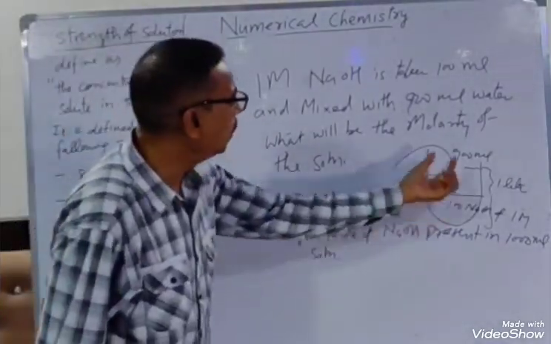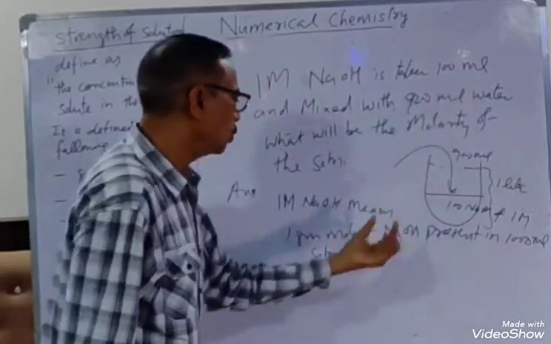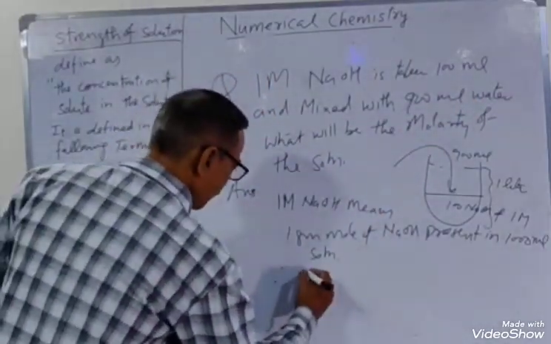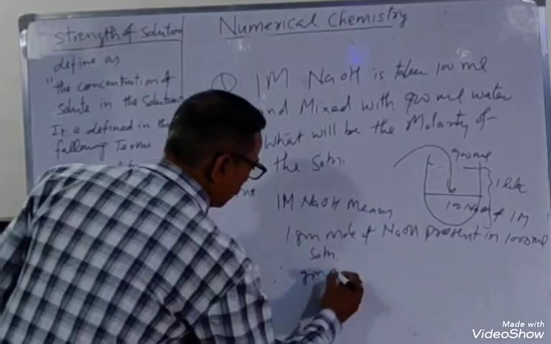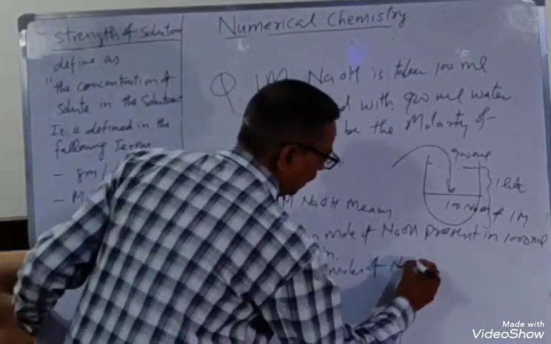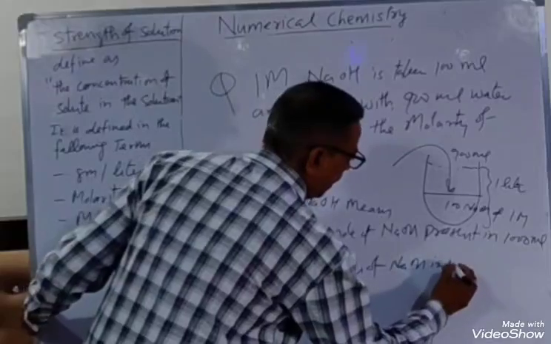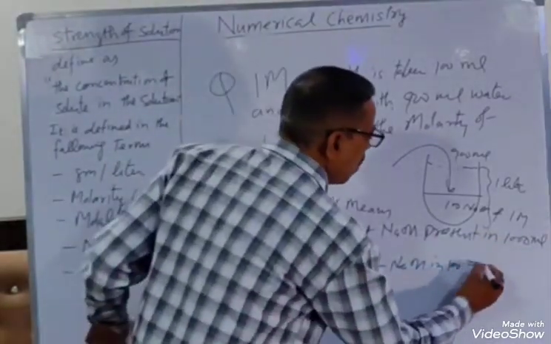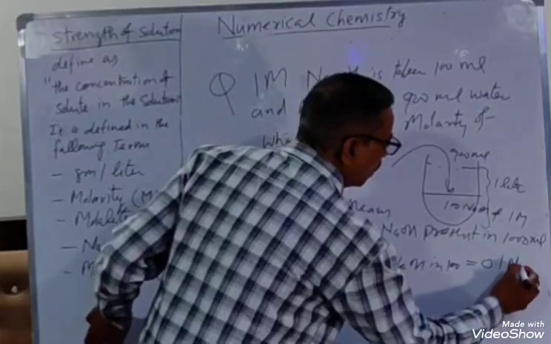So solution, now here, is 100 ml. So in 100 ml it will be 0.1. Therefore, gram moles of NaOH in 100 ml, 1/10. It is 1/10, so mole will be 0.1 mole.